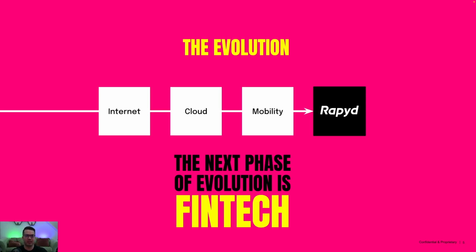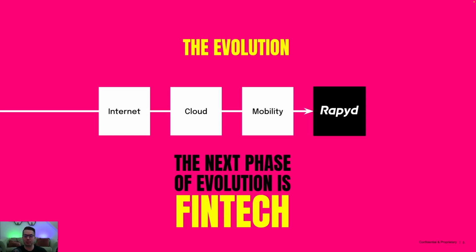And then, of course, there was growth in the cloud, and then the move towards mobility. There are mobile payments in many different cases. Mobile payments have now surpassed desktop, but of course there is both. And then the next thing is the Rapyd revolution.